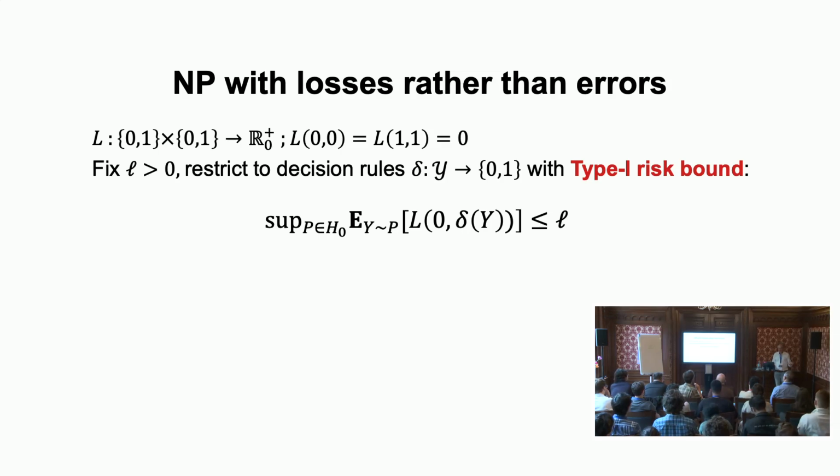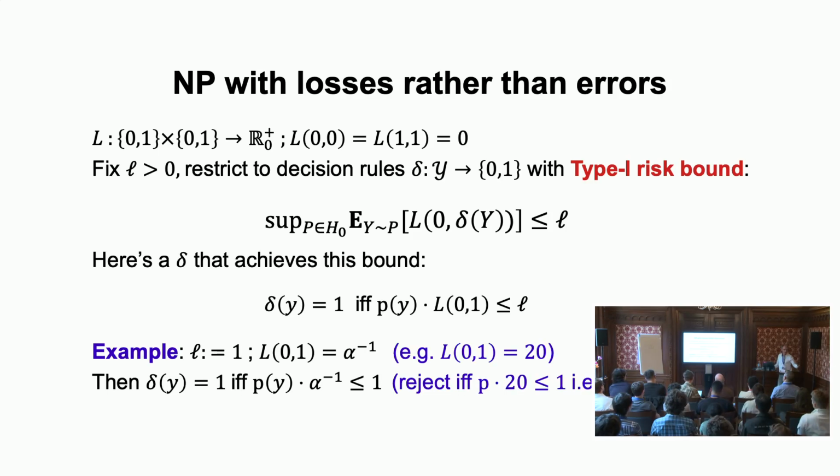So I want to make sure that for every distribution in the null, the expectation of the loss for my decision rule delta, which takes the data and maps it to reject or accept, 1 or 0, is always bounded by l. That is what was first the type 1 error guarantee, that it should be smaller than alpha. Here we say my expected type 1 loss, saying reject when we should accept, should be smaller than l. And among those, I want things which are good in the type 2 sense.